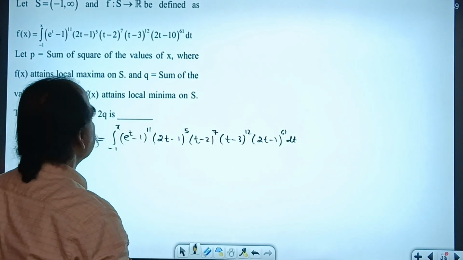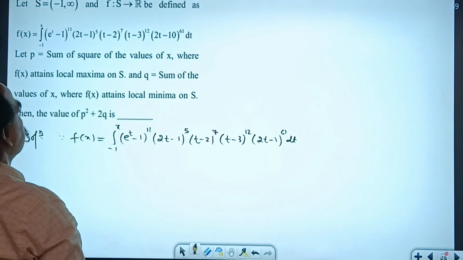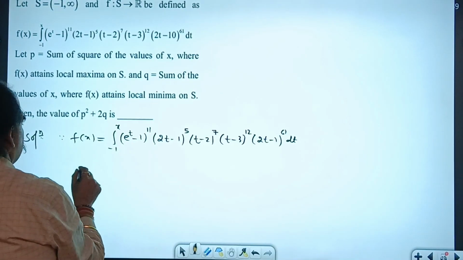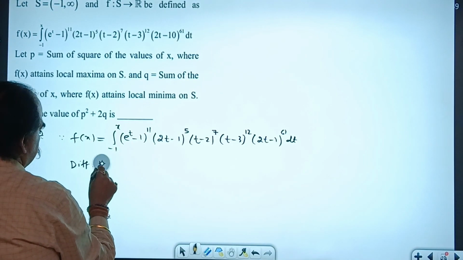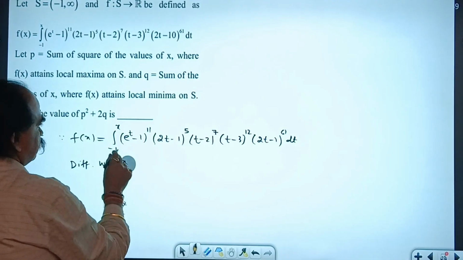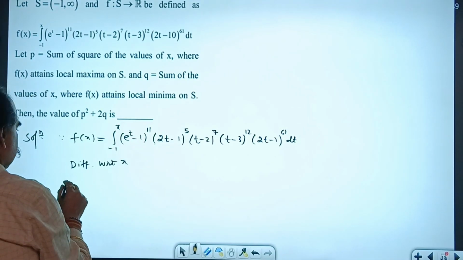For maximum and minimum, we'll take the derivative with respect to x. So here we'll apply the Newton-Leibniz formula.